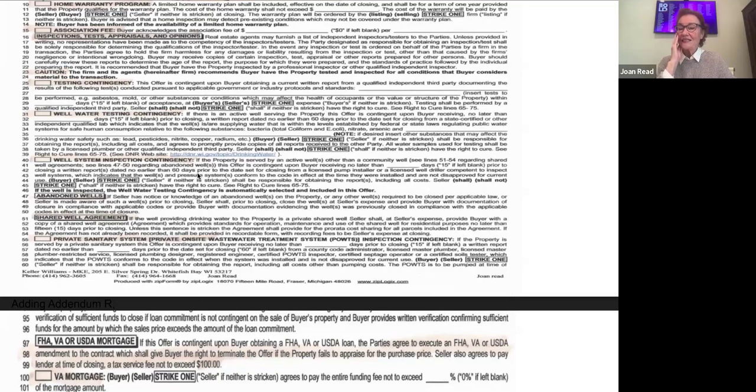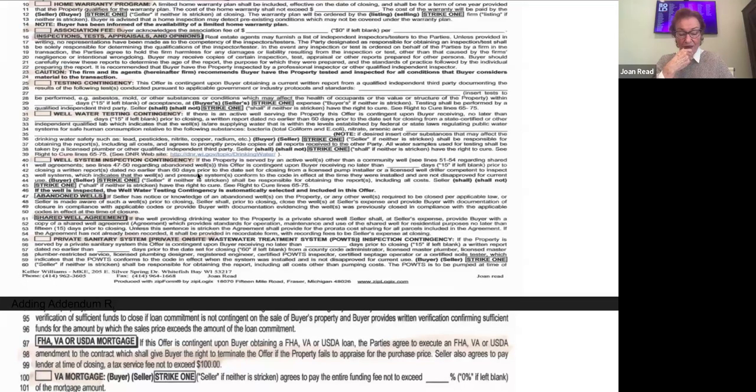It clarifies that the two sections are different. The request for an inspection is in the offer to purchase. The request for testings is in this addendum A.